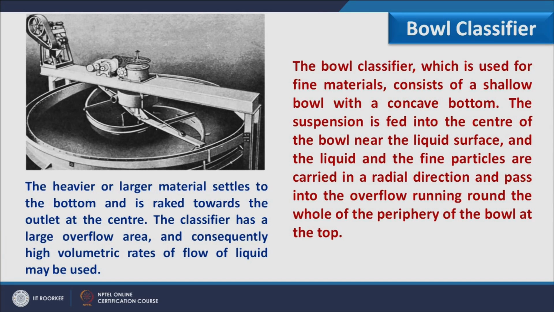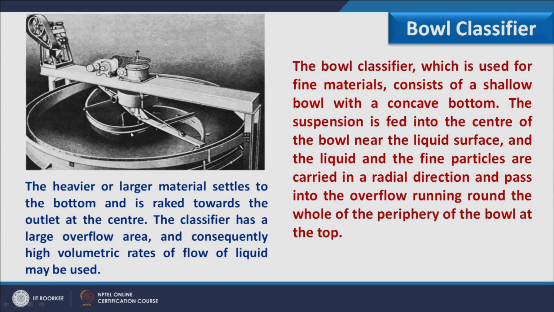The bowl classifier, which is used for fine particles, consists of a shallow bowl with a concave bottom. The suspension is fed into the center of the bowl, and the liquid and the fine particles are carried in a radial direction as they come out from the center and move onto the surface of the bowl.